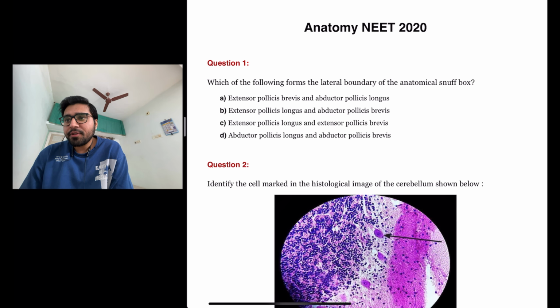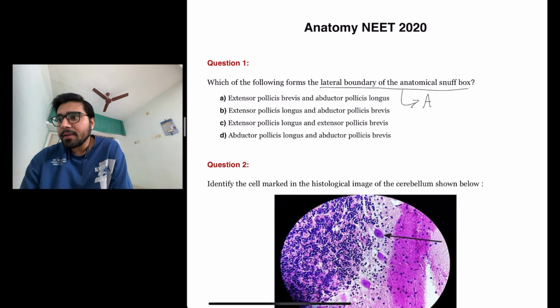Which of the following forms the lateral boundary of the anatomical snuff box? For the lateral boundary of the anatomical snuff box, you have to remember AB-PILE.